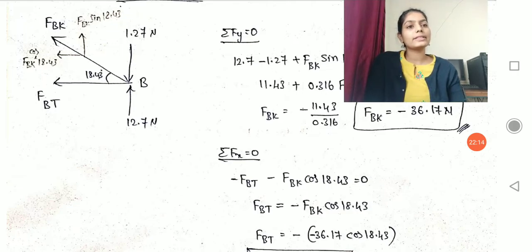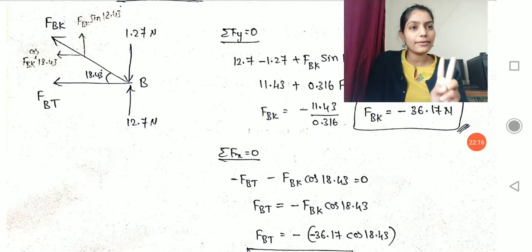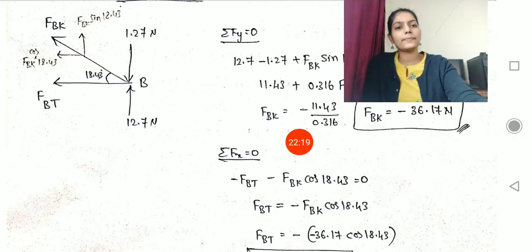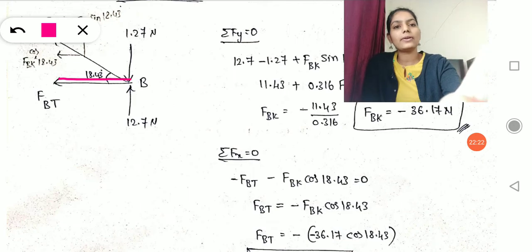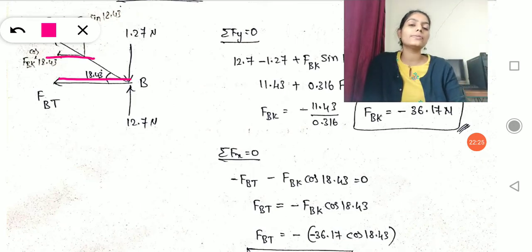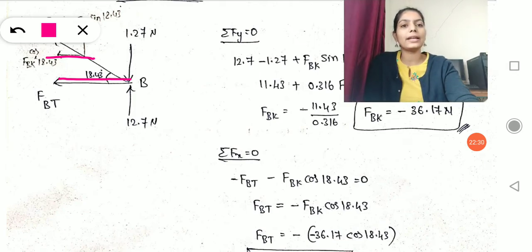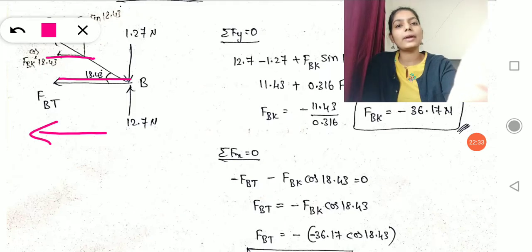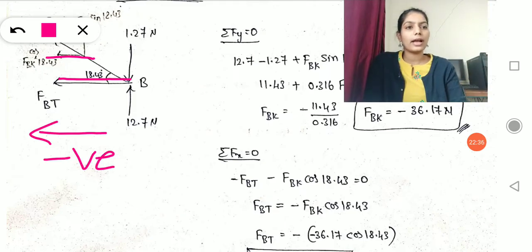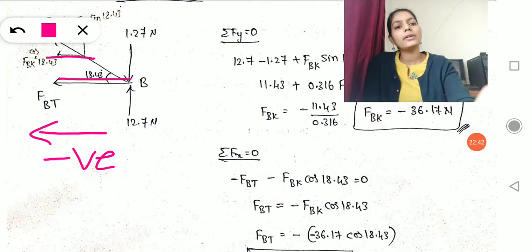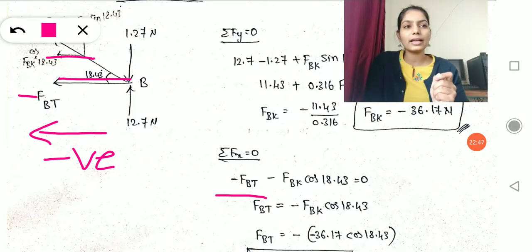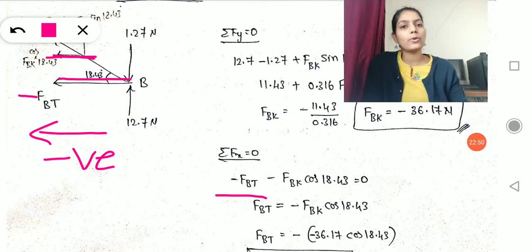Now I am utilizing my second equation, which is summation of Fx. I have to take down all the horizontal forces. There are only 2 horizontal forces, and both are on the negative x axis of my graph, and that's why force FBT comes with a minus sign, and force BK into cos 18.43 also comes with a minus sign.